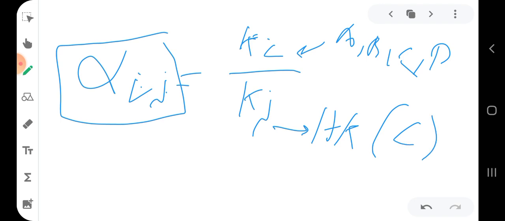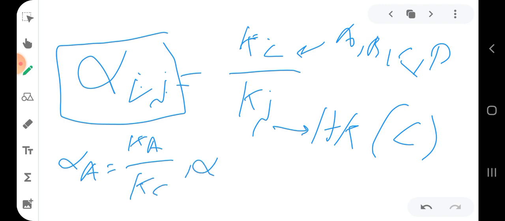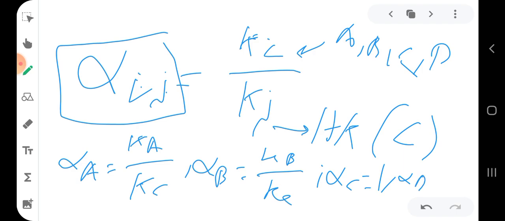So we can say that alpha A, for example, will be nothing but Ka over Kc, and alpha B is Kb over Kc, and alpha C is Kc over Kc, which is 1, right? And similarly alpha D is Kd over Kc.